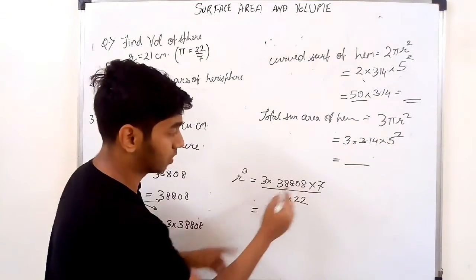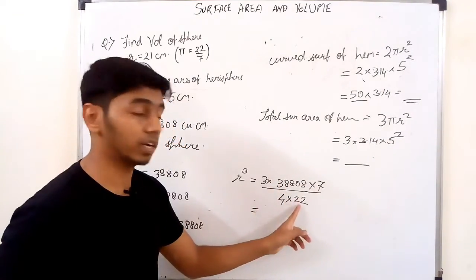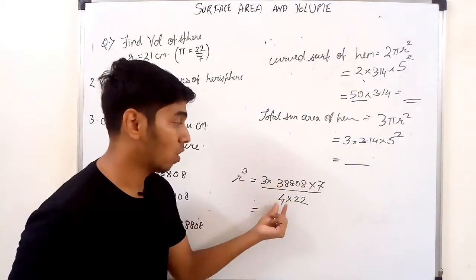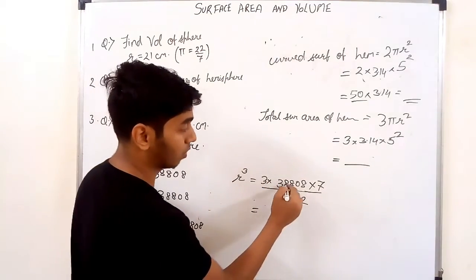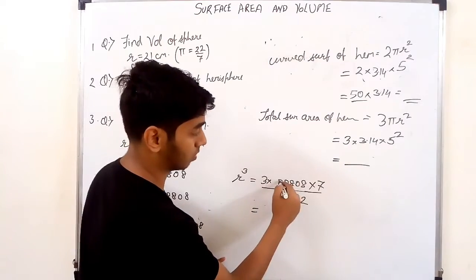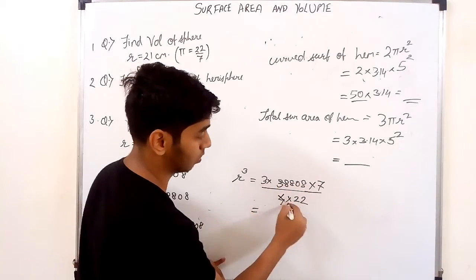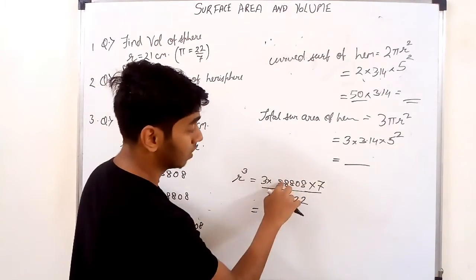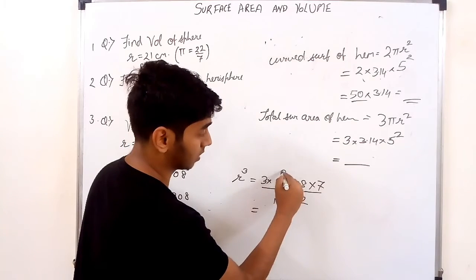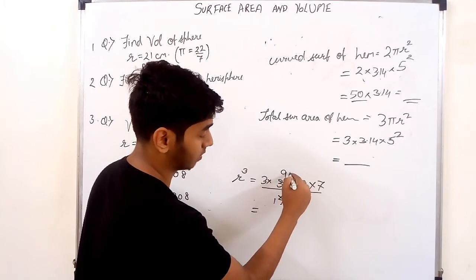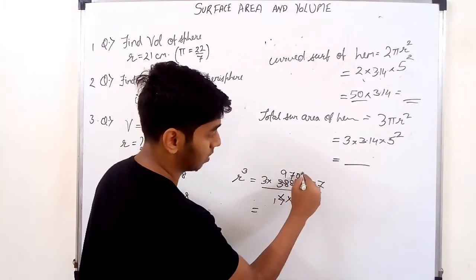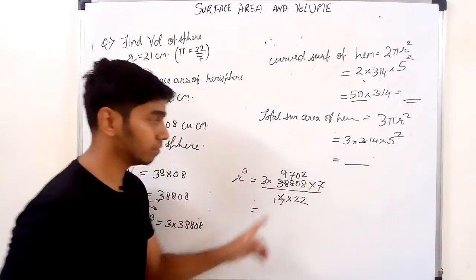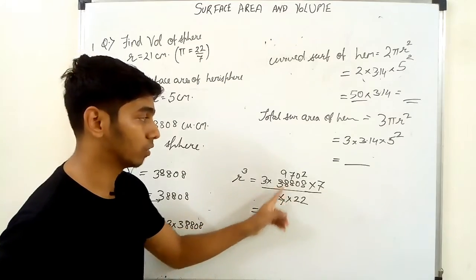Now 3 and this, if it goes in 22, or just simply divide this. Let's see how we do it. 4 can be divisible by this. 38 goes 9 times, 36, then 2, 8 will go 7 times, 0 and 2. So when you divide this with 4, you get this.